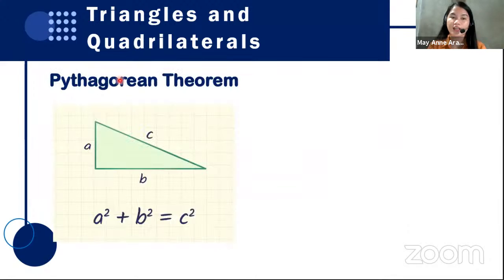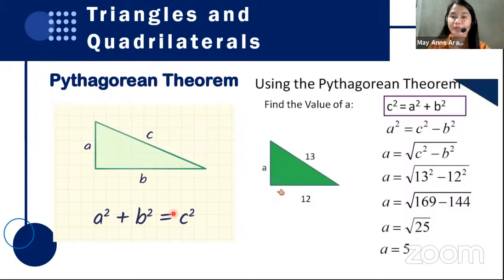And for the right angle, we also have the Pythagorean theorem. So again, Pythagorean theorem states that the square of the hypotenuse is equal to the sum of the squares of the other two sides. That is, c squared is equal to a squared plus b squared. For example, need to find the value of a here. We'll derive the formula to solve for a.